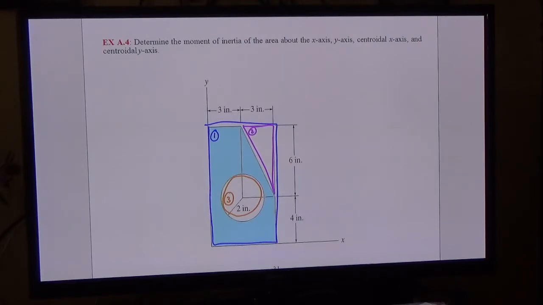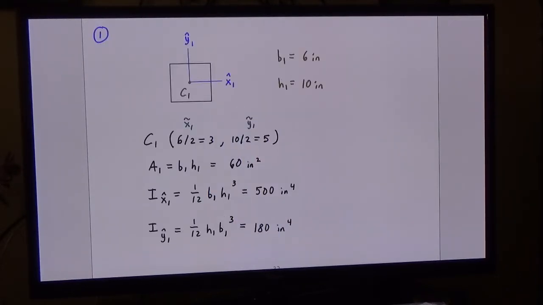Alright, first thing that I do in this problem, exactly like the last problem, I go through and for each of the parts, I want to specify 4 things. I want to specify the centroid location, the area, the moment of inertia about x hat, and moment of inertia about y hat. So I set this up for part number 1. I'll let you go back through and verify each of these numbers and see where I got each of these numbers.